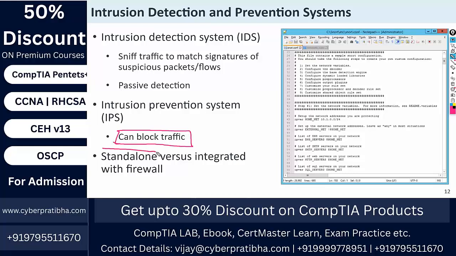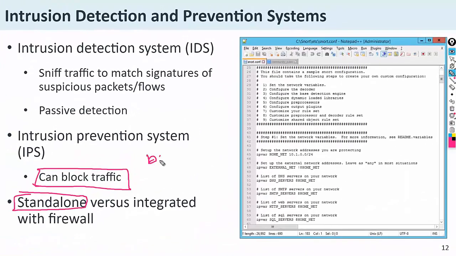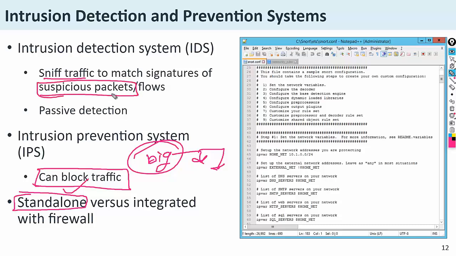There are two types of IDS and IPS that are mostly used. One type is standalone. When your organization is big, there is a lot of traffic and you have sensitive data, then you have to implement a standalone IDS and IPS. That means there is one server dedicated to sniffing the traffic and finding suspicious packets. But there are some IPS which are integrated with the firewall.